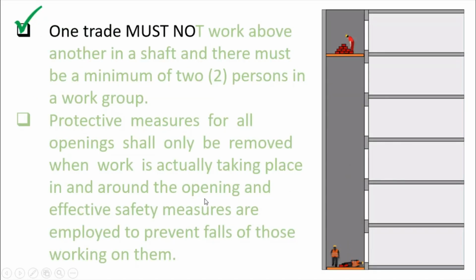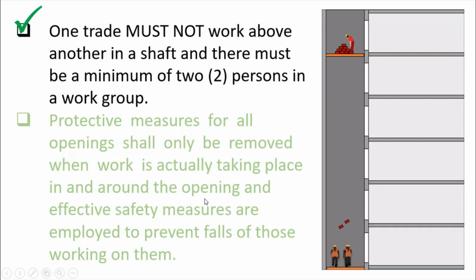One trade must not work above another in a shaft, and there must be a minimum of 2 persons in a group. Why do we require 2 persons minimum in a group?